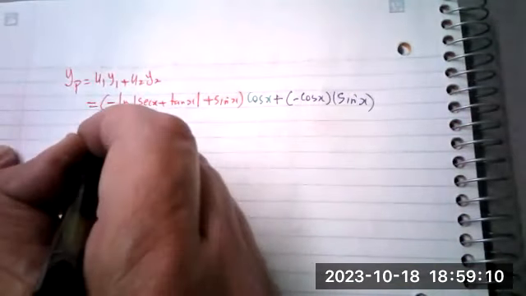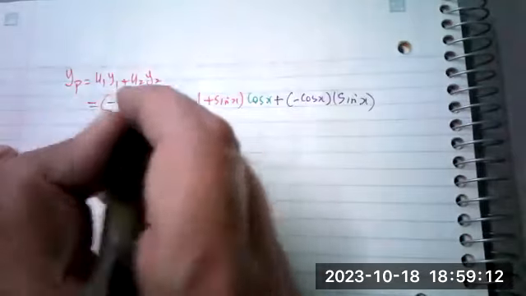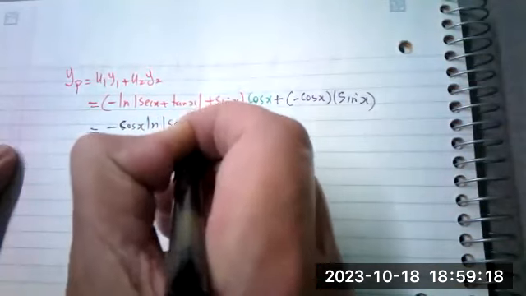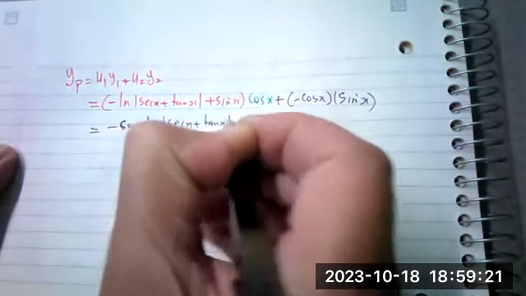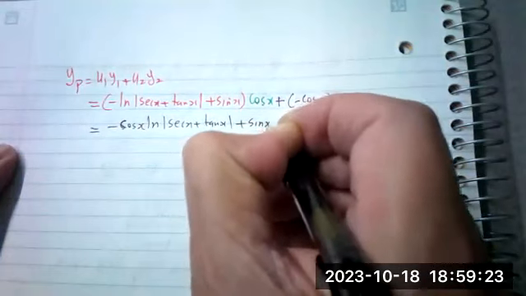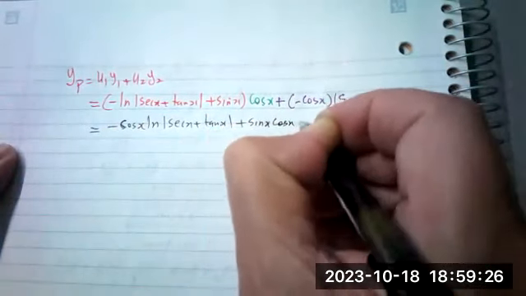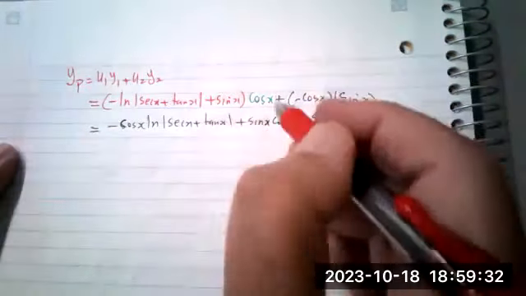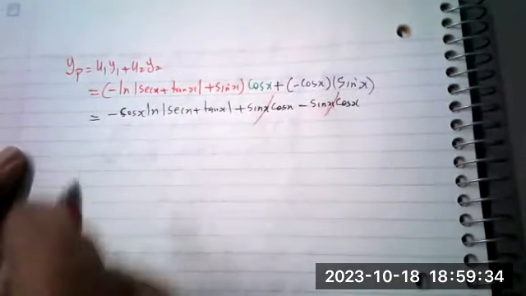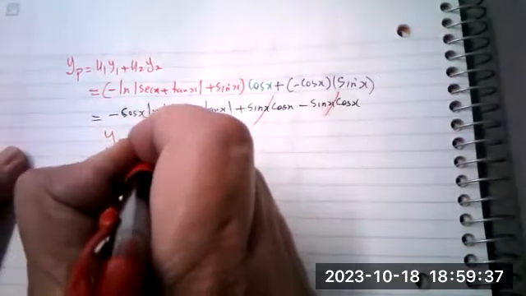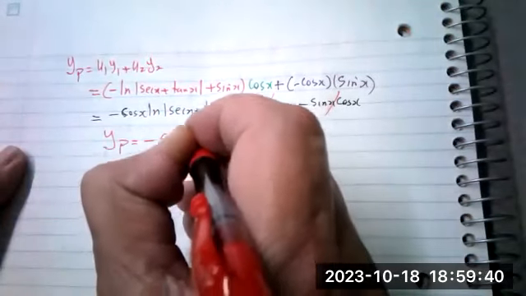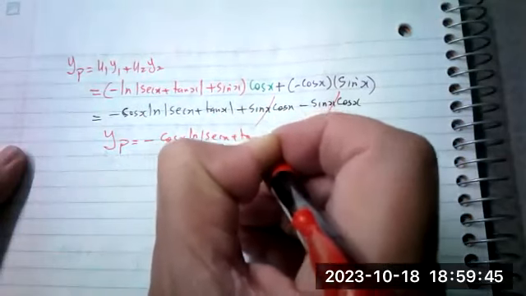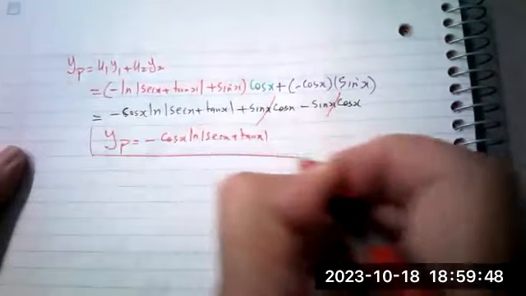So this is it: negative cosine x ln of the absolute value of secant x plus tangent x, plus sine x cosine x and minus sine x cosine x. So these two would cancel out. So the final answer is yp equal to negative cosine x ln of the absolute value of secant x plus tan x. That is going to be yp.